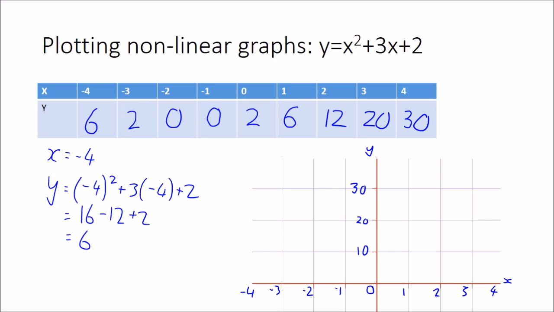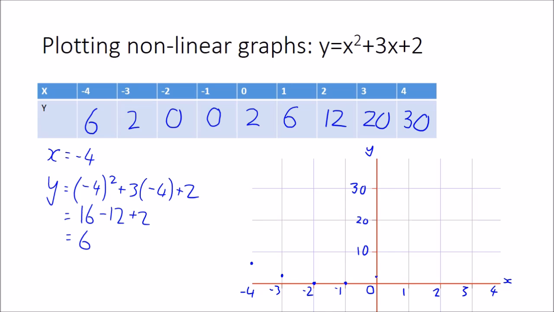So then we start plotting. Now at -4, we're about 6, so that's going to be about there. Now if you're doing this on graph paper, it'll be a lot easier. -3, we're at 2, which is going to be about there. -2, we're at 0. -1, we're also at 0.